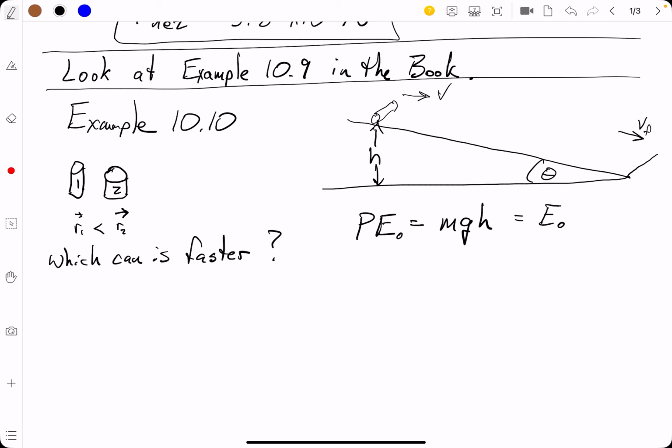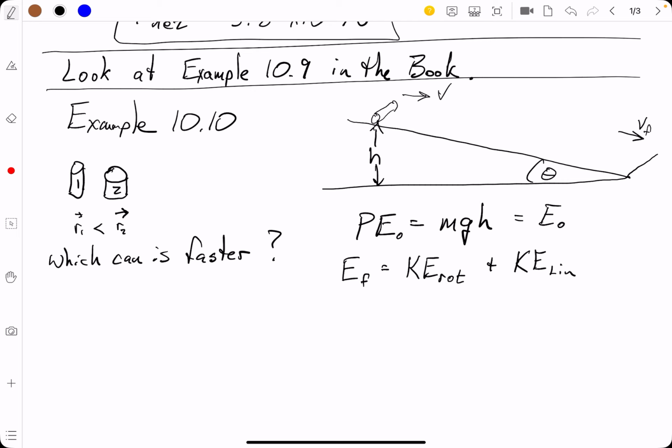Our energy final. Well, we're not going to have any more potential energy. So our height is now 0, and that's going to be out. So all we're going to have finally is rotational kinetic energy and linear kinetic energy.